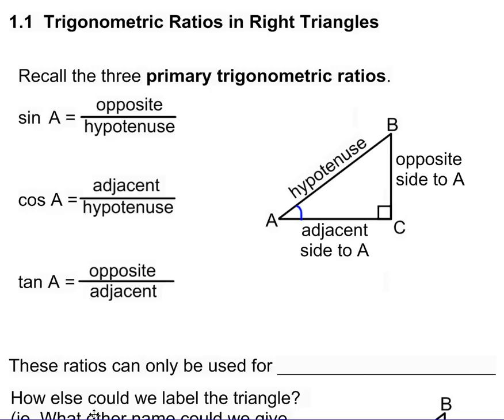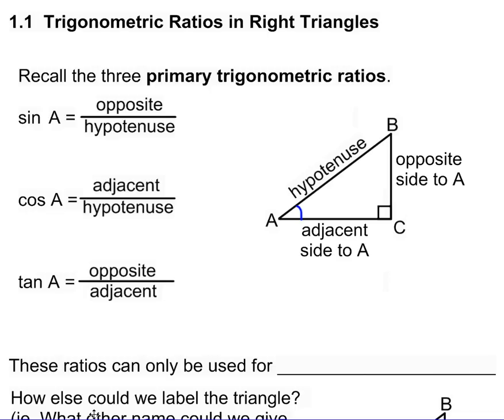Regardless of the size of the triangle, the ratio is unique, which means it's its own value, different from other shaped triangles. So today we're going to look at a lesson going through the sine, cosine, and tangent values that are connected to these ratios.